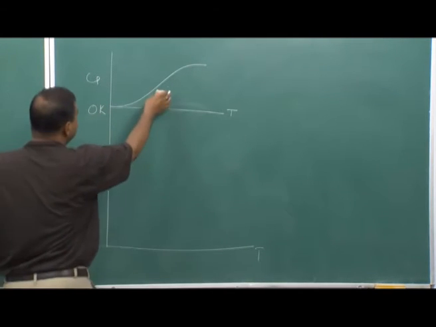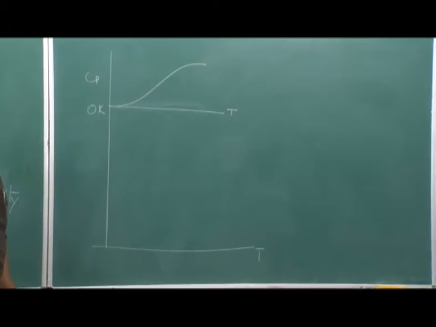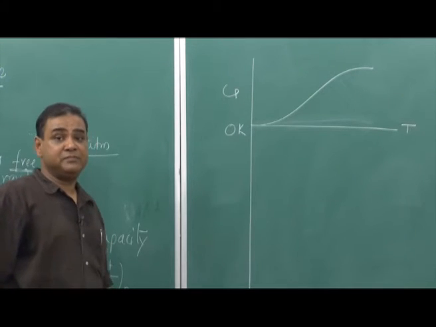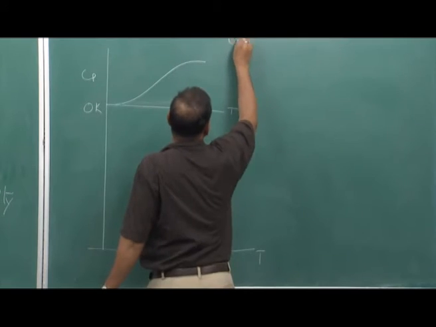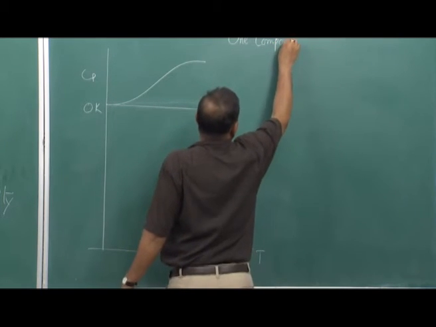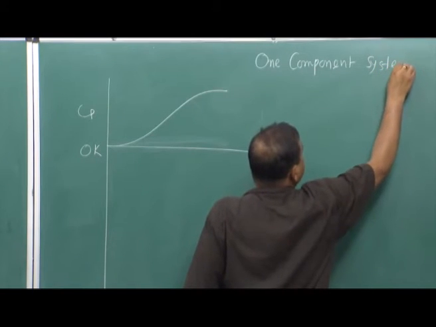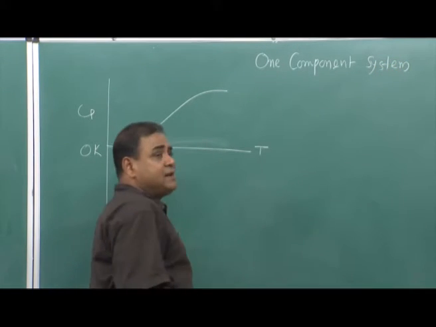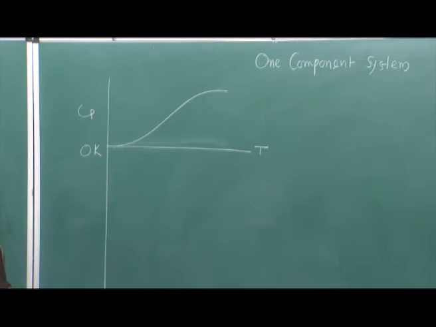Now, whenever we have this Cp, we need to specify whether it is a 1 component or 2 component system. As we have mentioned before, initially we are considering a 1 component system, let us say pure metal. So, we are considering that it is 100% pure.